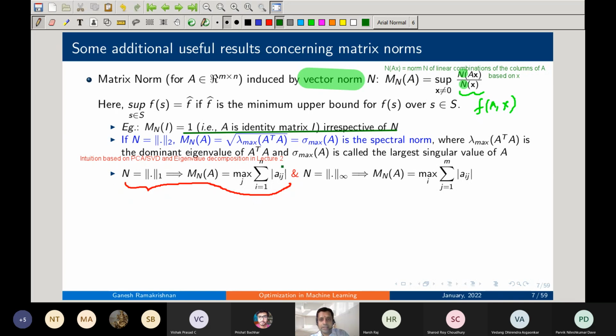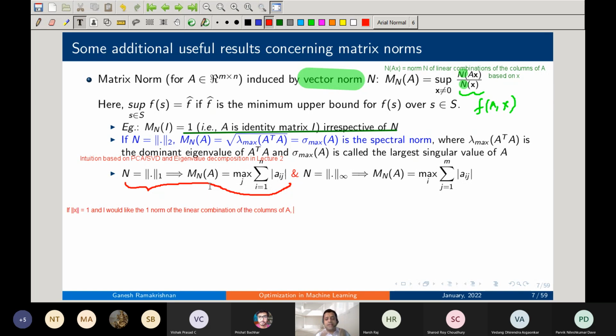Now if x were restricted by the one norm, when we divide by N(x), we are just saying I want it to be normalized by the corresponding norm. So what is the behavior of the one norm? Well, the one norm is basically the sum of absolute values for a simple vector x. If x must be restricted to have one norm 1, and I would like the one norm of the linear combination of the columns of A to be largest, what would I do?